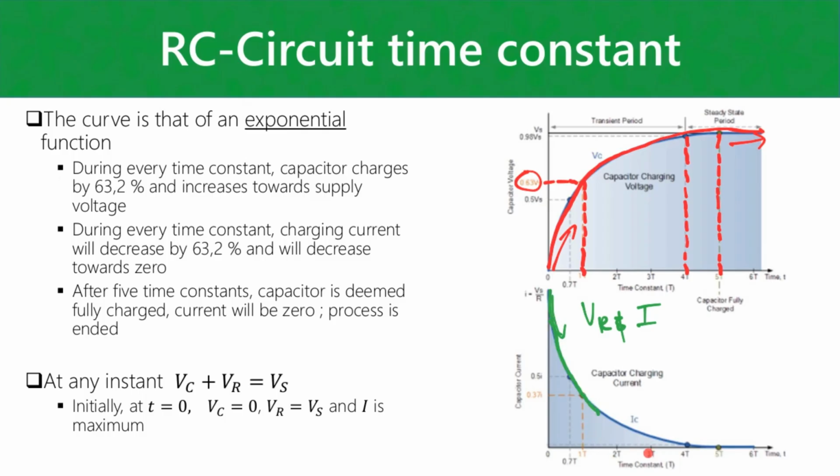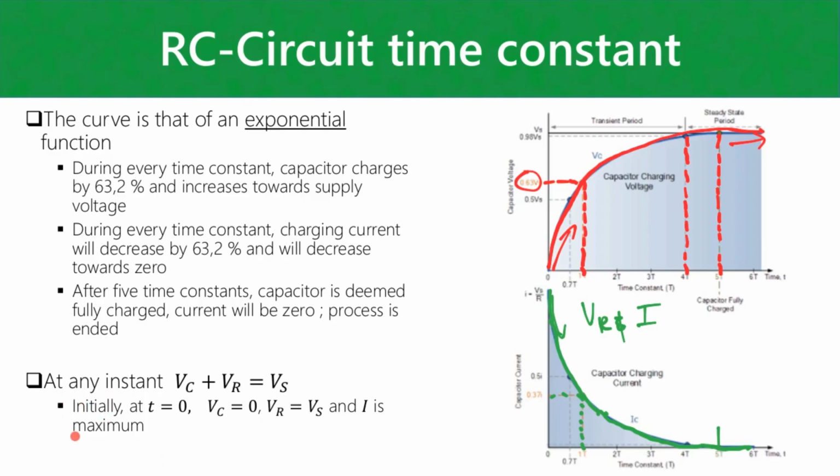So current is going to decrease, and again, after one time constant, the current will have decreased by 63.2% of the maximum current, and that will continue to decrease up until very close to zero, up to 5 time constants, after which we consider the circuit to be at steady state.